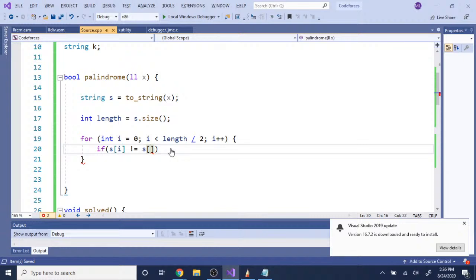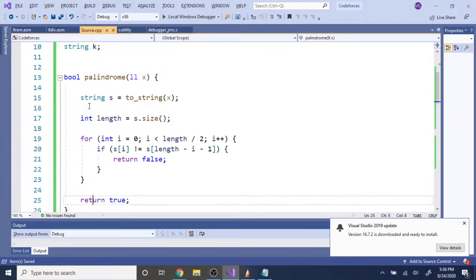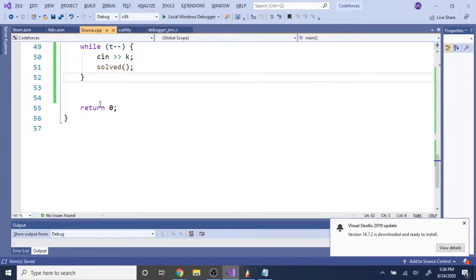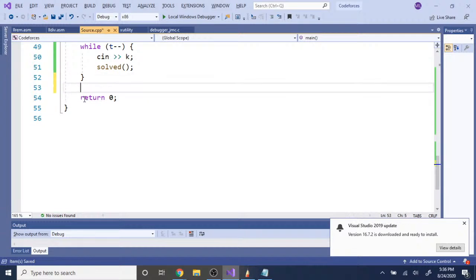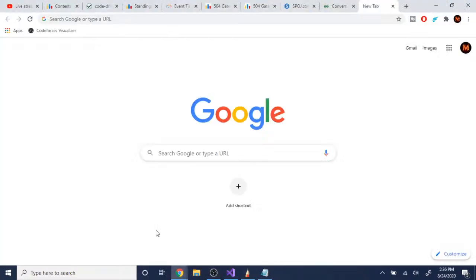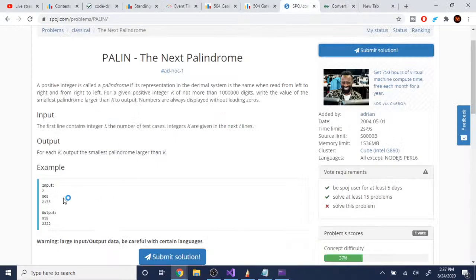So it would be s at length minus i minus 1. Return false, otherwise return true. Okay. So this is totally brute force. But I think it would definitely work for the first two cases.